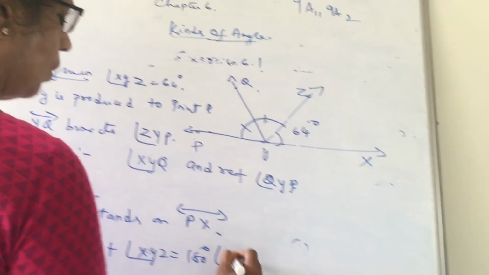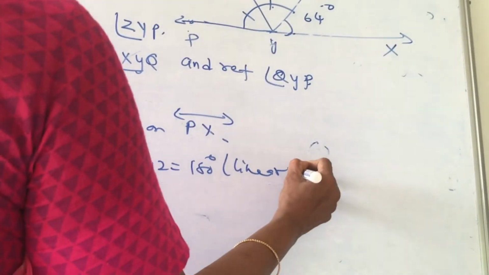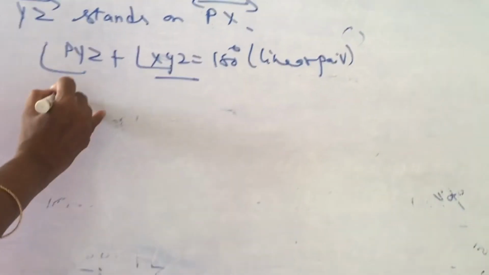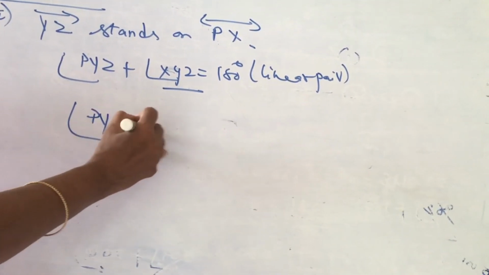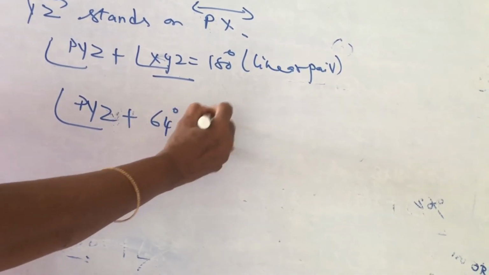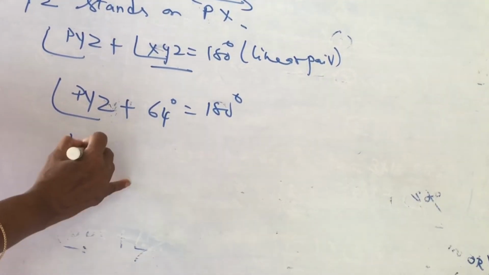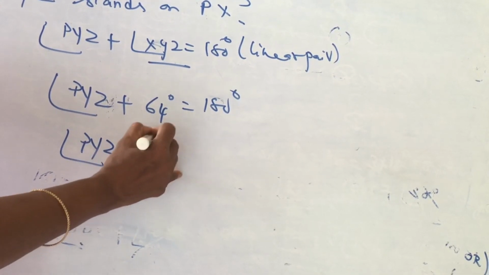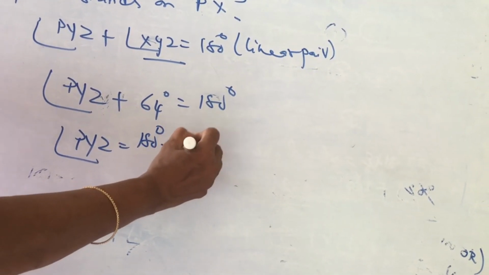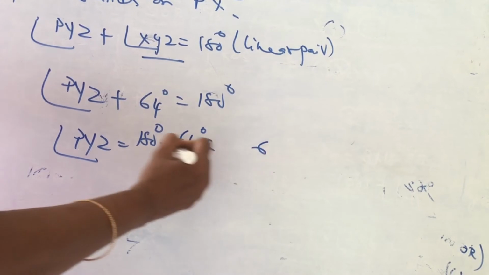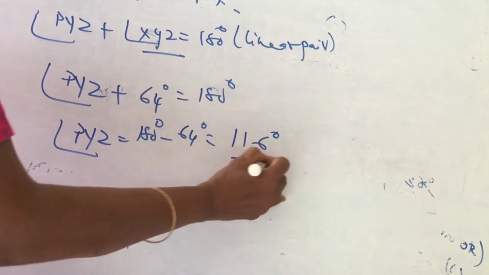The reason? Linear pair. What is given in the question? What is XYZ measure? 64 degrees. So substitute. Angle PYZ is what, children? 180 minus 64, 116.